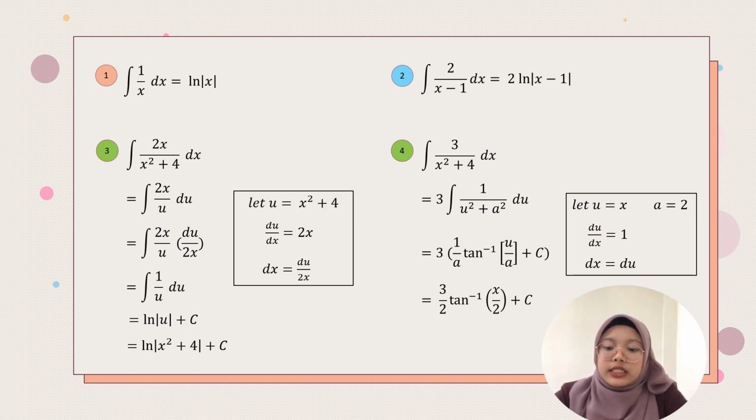So for the last equation, which is the integration of 3 over x squared plus 4 dx, we have to let u equals to x, and that makes du over dx equals to 1, so du will equal to dx, and let a equals to 2.